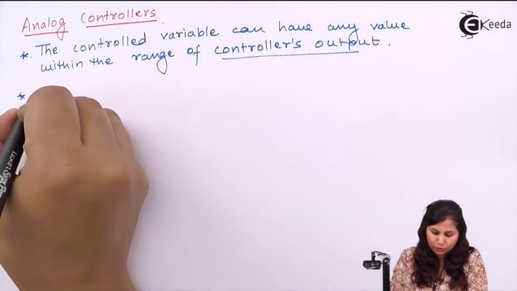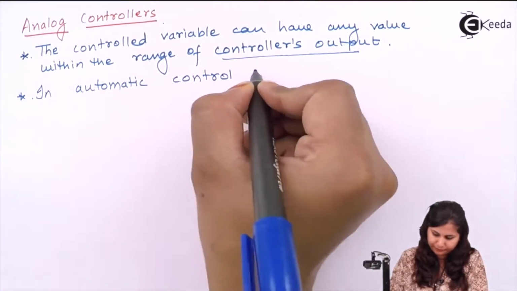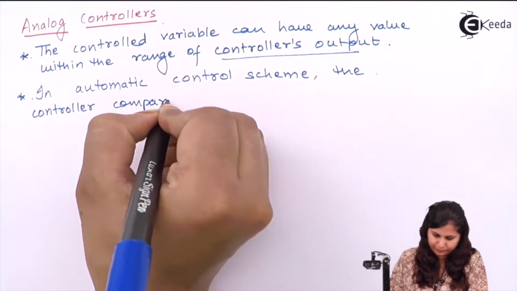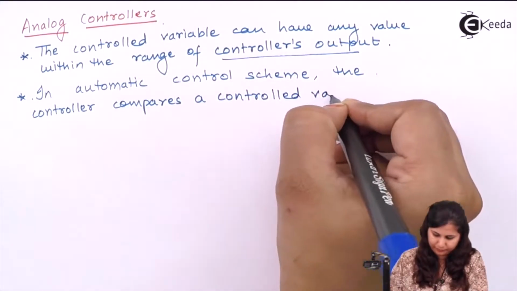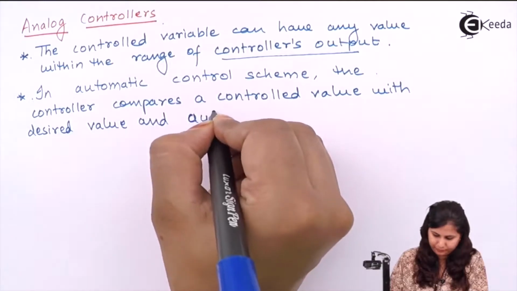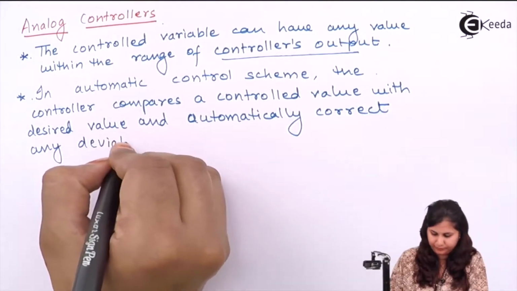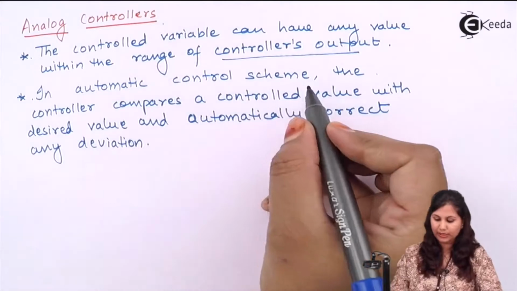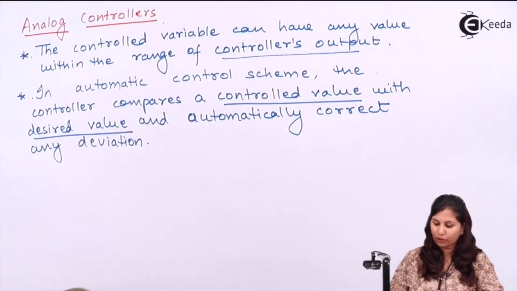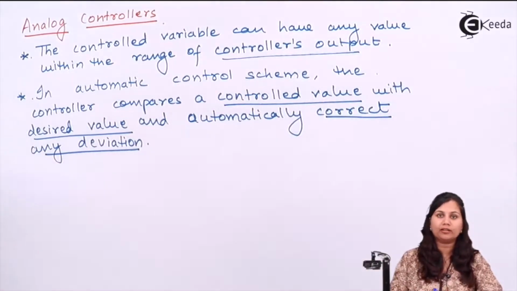So in the automatic control scheme, the controller compares the controlled value with the desired value, and then it will automatically correct any deviation of the controlled value from the desired value.